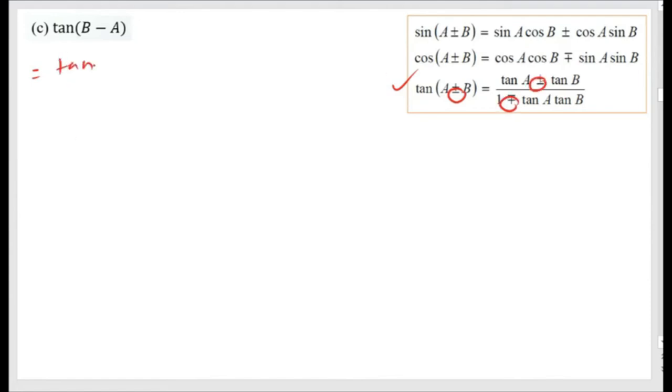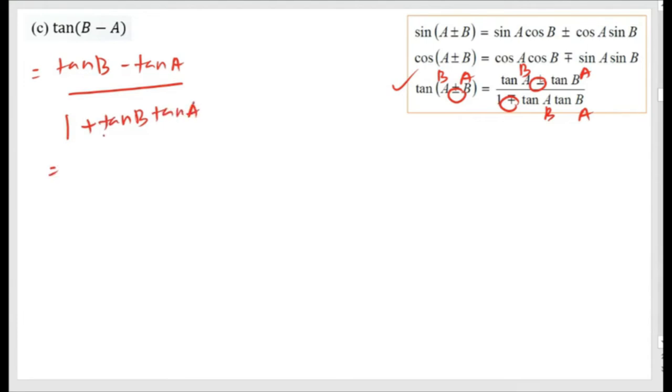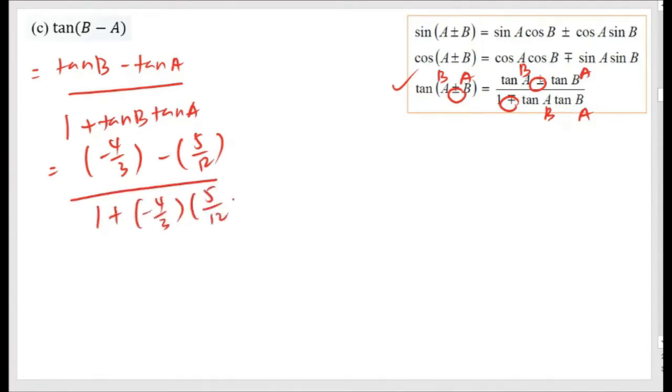So it's tangent B minus A, so A becomes B, B becomes A. So it's tangent B minus tangent A over 1 plus tangent B, tangent A. So it's negative 4 over 3 minus 5 over 12, over 1 plus negative 4 over 3 times 5 over 12. So place in your calculator, negative 63 over 16.